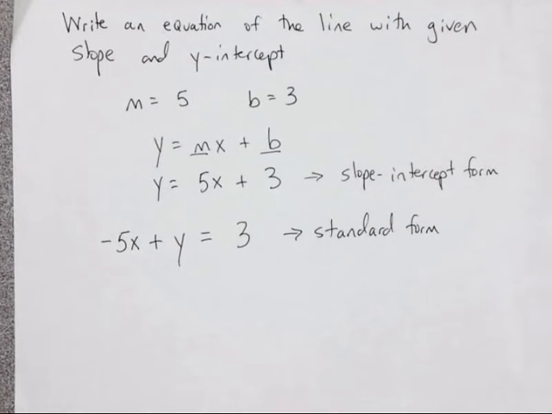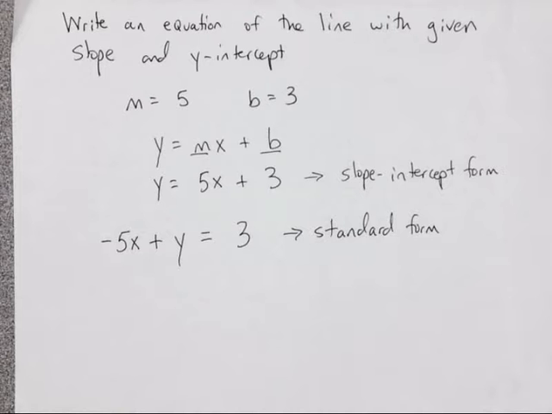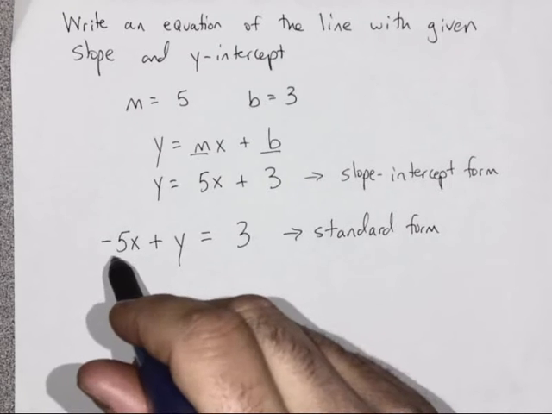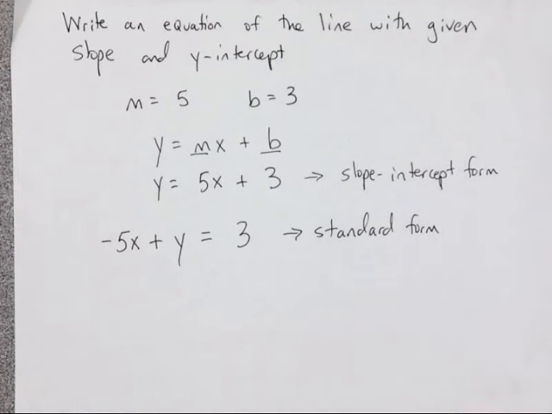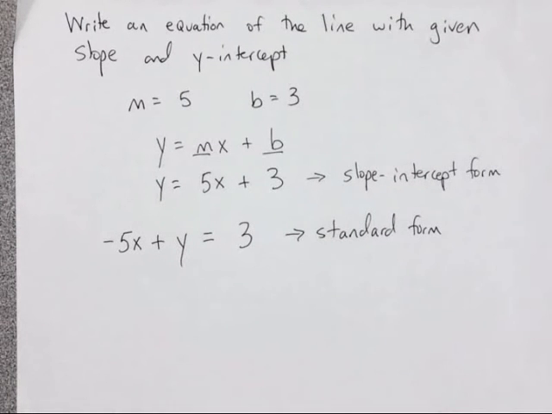And in certain cases, certain textbooks like to have this leading coefficient be positive. I don't think our textbook really cares about that. If we wanted to make this leading coefficient positive, so instead of having a negative 5, having a positive 5, I could basically just multiply everything by negative 1.